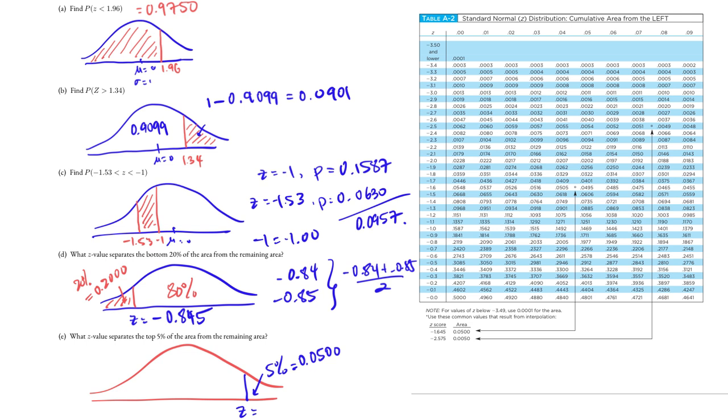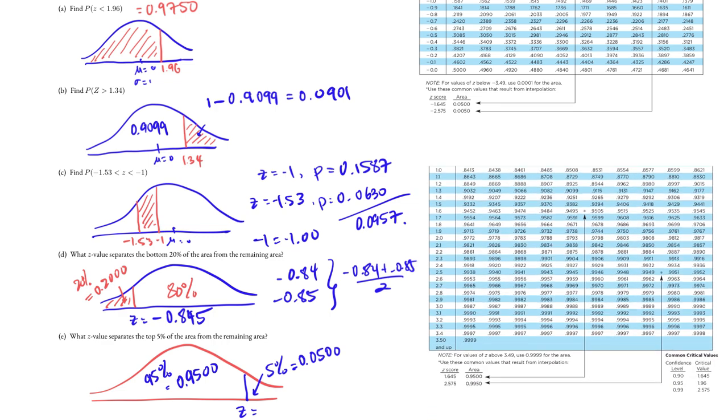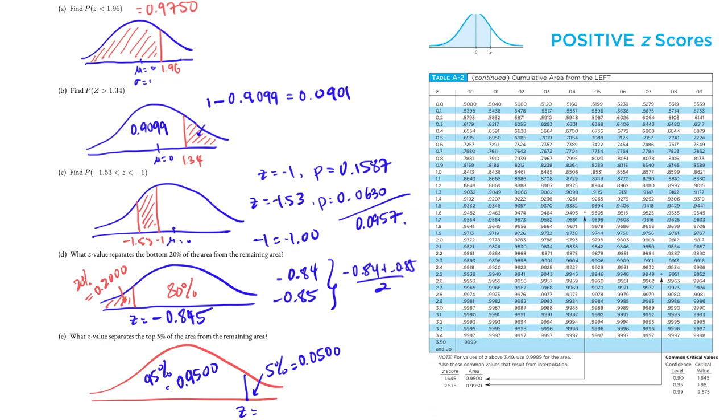Remember that the table only gives us the area on the left-hand side. If the right-hand side is 5%, then the left-hand side has to be 95% or 0.9500. Similar to the previous part, we first need to find the 4-digit number 0.9500 from the table.